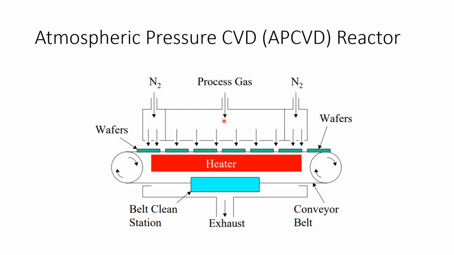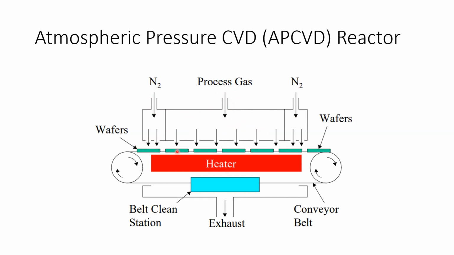We have the process gas in the center, and then we have nitrogen on both sides. This works like a curtain to isolate the processing gas. And this process gas will flow through the shower head.